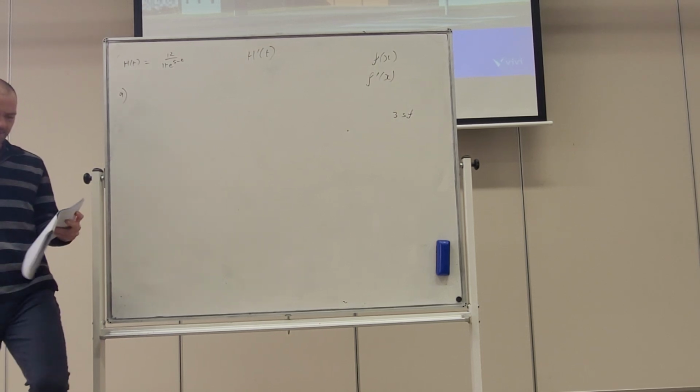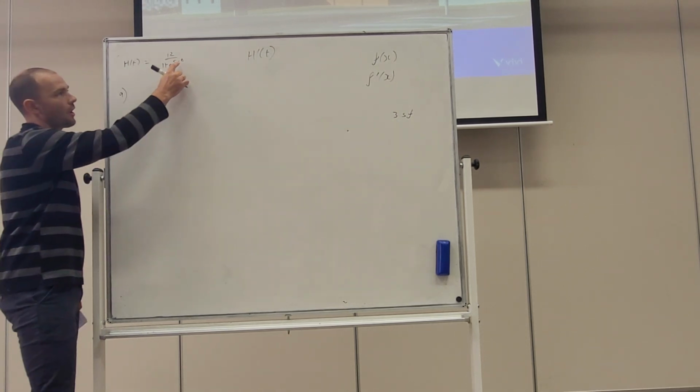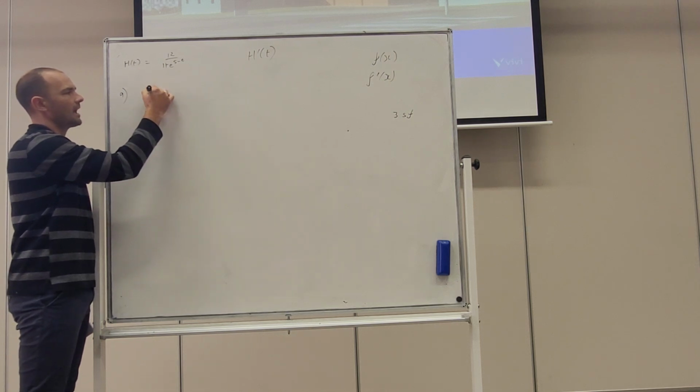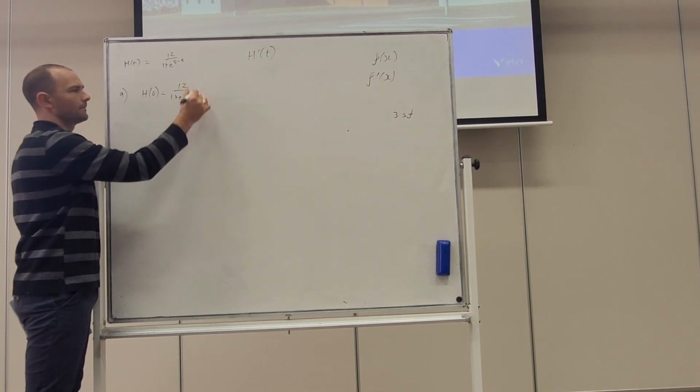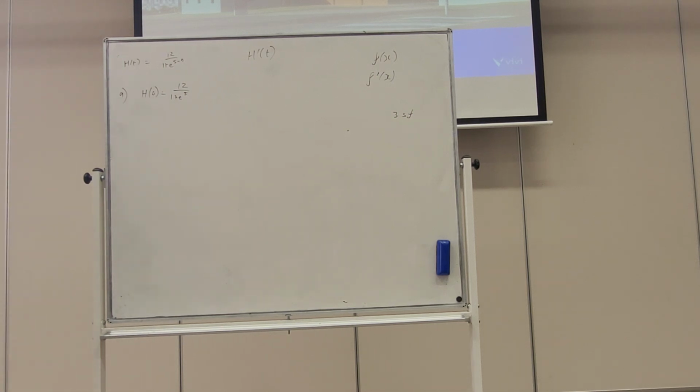Now we have how tall is the tree initially. Now that means when time is 0, so we're finding h of 0, and that's 12 on top of 1 plus e to the power of 5. So that there, we've got a couple of procedures we could do.